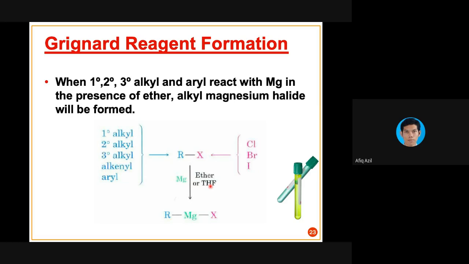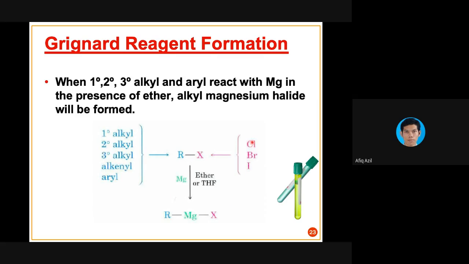So THF is tetrahydrofuran. If you mix this RX with Mg in the presence of either one of the solvents, you're going to obtain this Grignard reagent. So this is the product here, RMgX. R can be alkyl, primary alkyl, secondary alkyl, tertiary alkyl, or aryl.